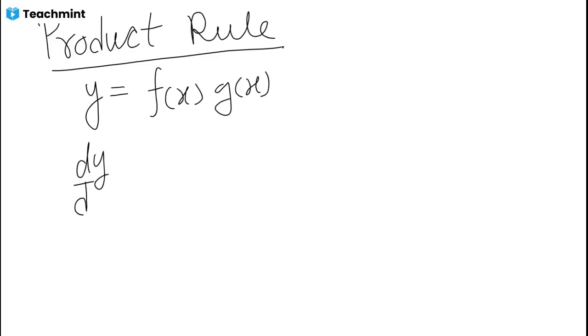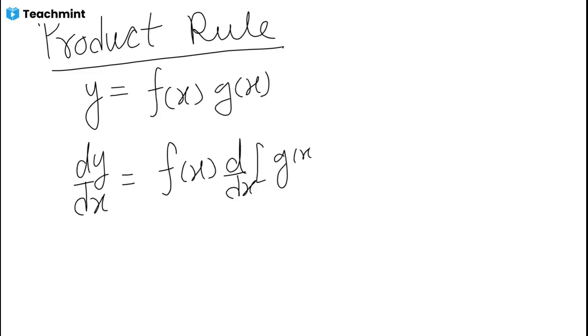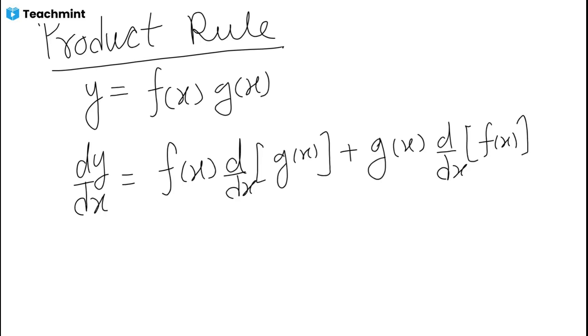It is dy over dx. Write the first function as such, then find the derivative of the second function g(x). Now write down the second function g(x) into the derivative of the first function. This is the product rule when we have a product of two functions. So write down the first, then the derivative of the second, plus the second into the derivative of the first.